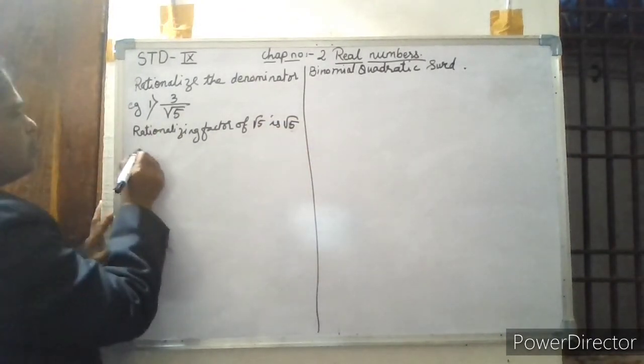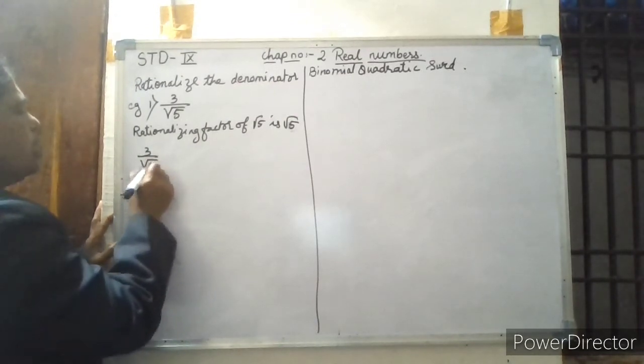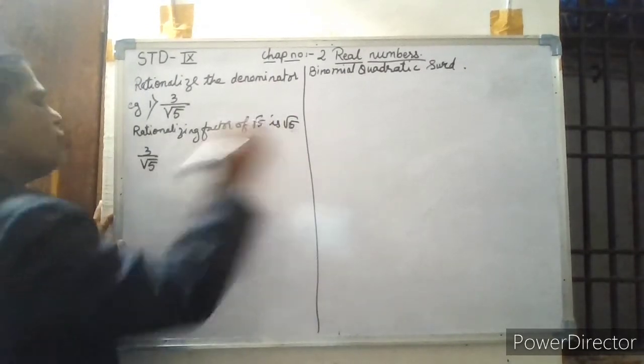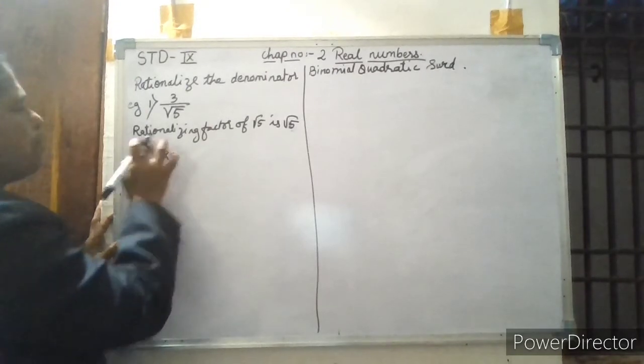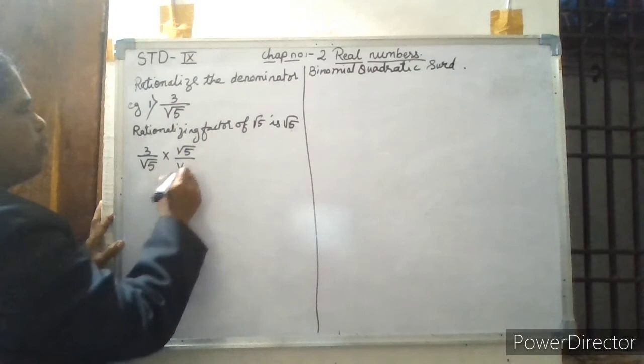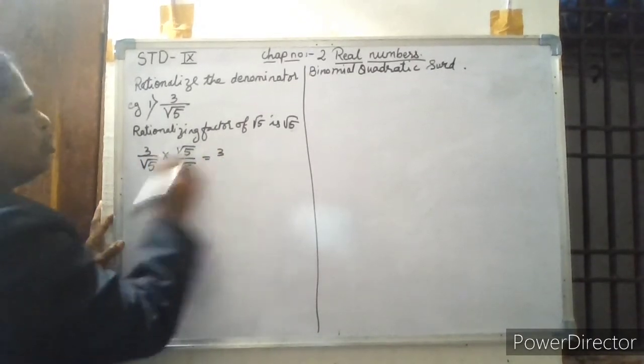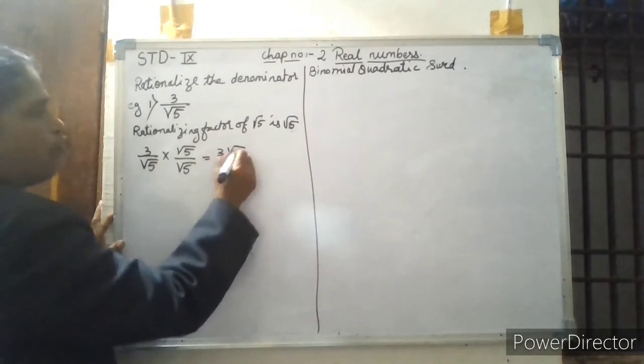Take the question, 3 by root of 5. Its rationalizing factor is root of 5 only. So multiply the numerator and denominator both by root of 5. So this is equal to 3 into root of 5 in the numerator.